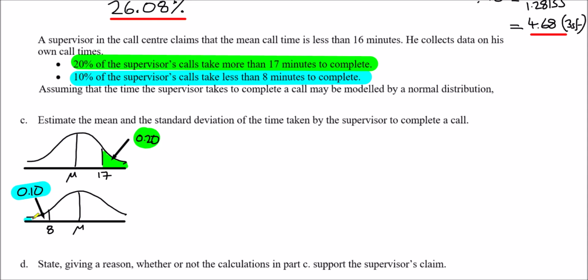So what we need to do is standardize this to work out what mu is and also the standard deviation. So we just take both and standardize. Then we can work out what mu is and the standard deviation.